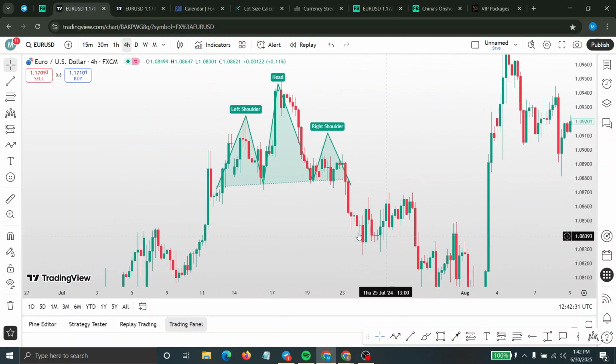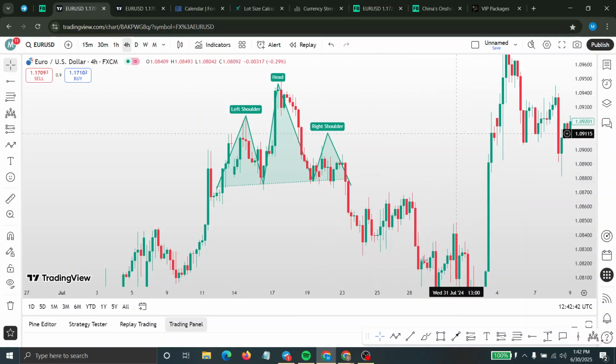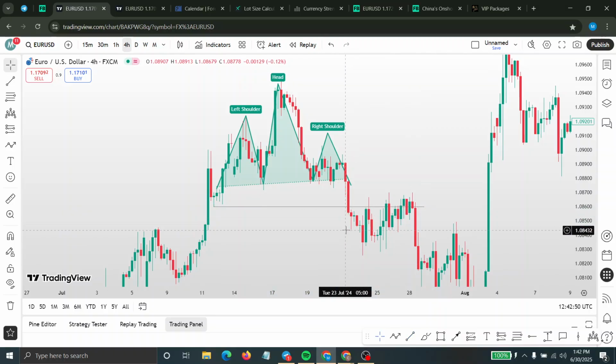And where will be the neckline I'm looking at? Obviously the lowest low of this point will be the neckline, and in this regard I could see it forms. Why am I using this lowest low?